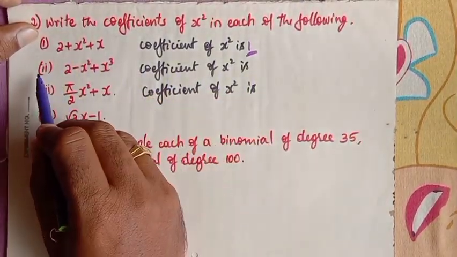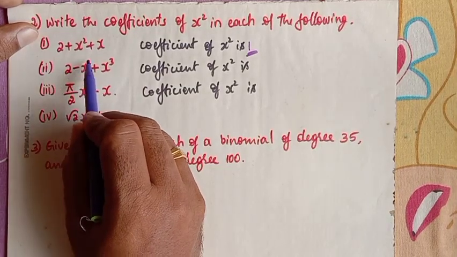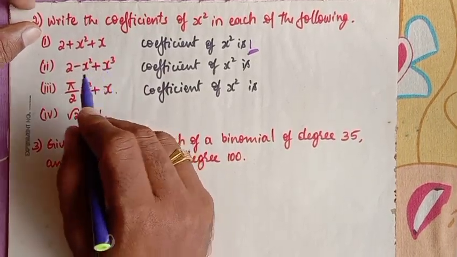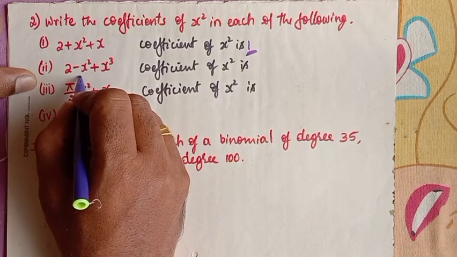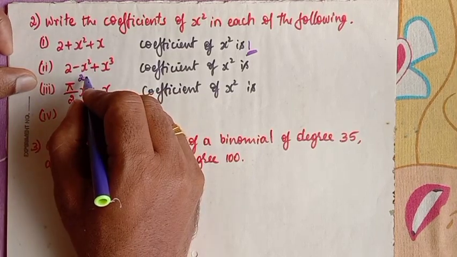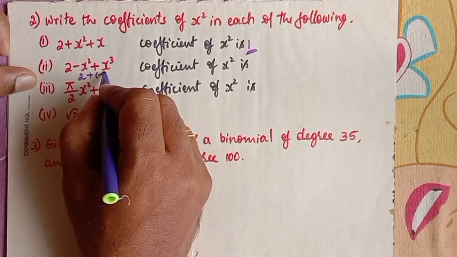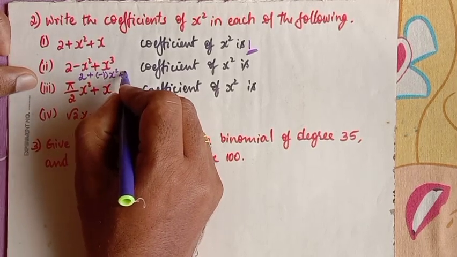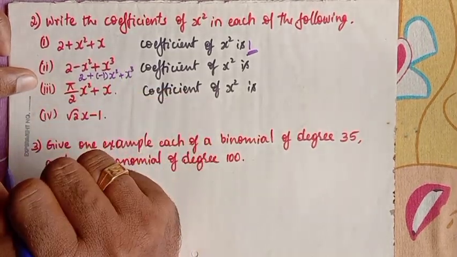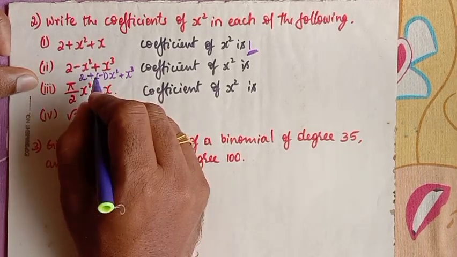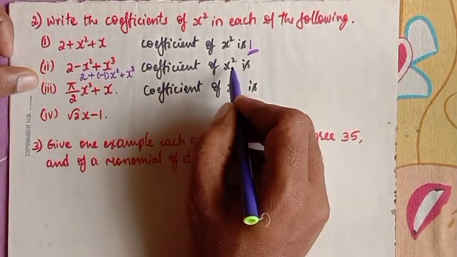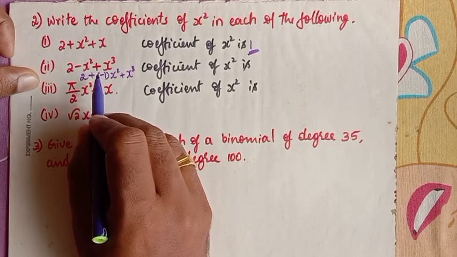In the second problem, 2 minus x square plus x cube. This can be written as 2 plus of minus 1 into x square plus x cube. Plus into minus is minus. So, the coefficient of x square is minus 1.